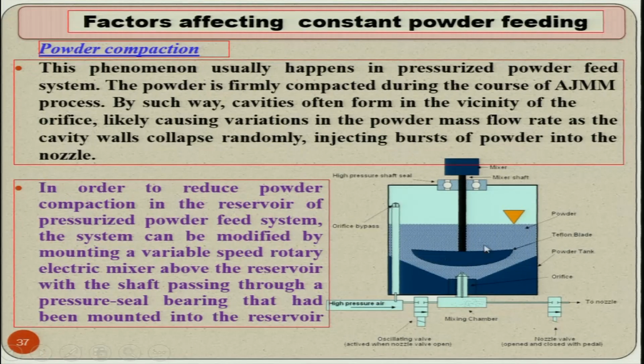So, this will mix up, this will vibrate the powder or make movements in it, and this will give a better flow rate of the powder to the mixing chamber and then to the nozzle. So, this kind of modification can be made in the earlier system to improve the performance of the powder flow system.